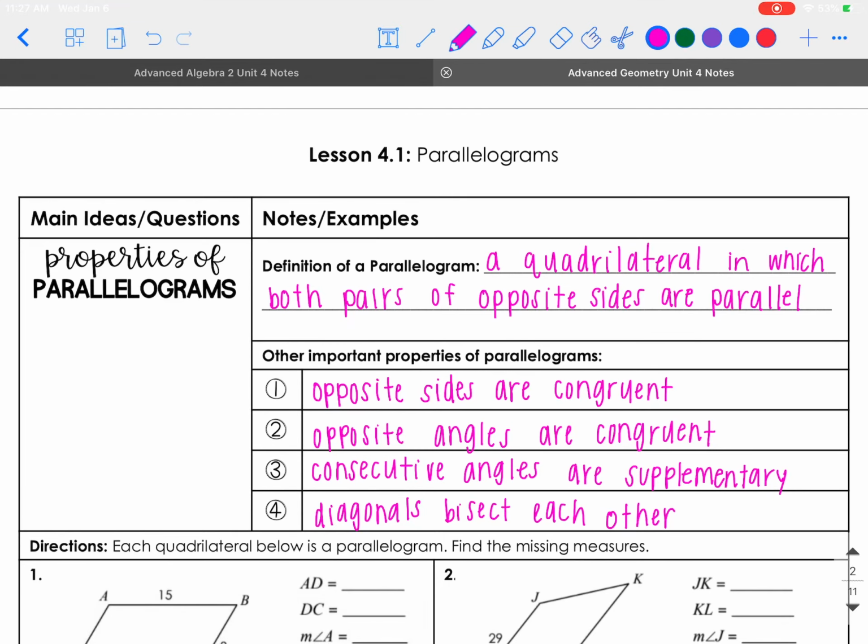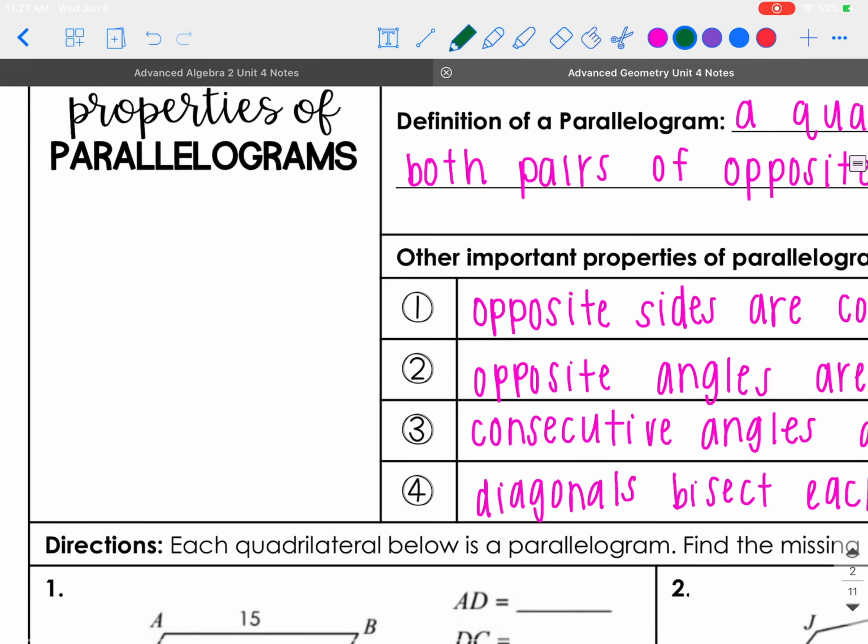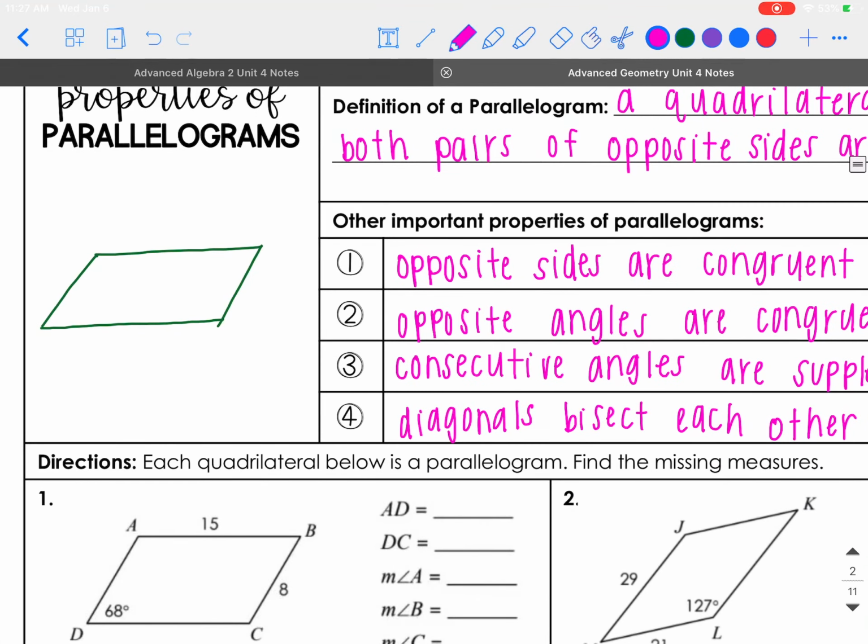So the opposite sides, that's pretty easy. And so if you want, over here on the side, draw in a parallelogram. So the opposite sides, that means like this side and this side are the same length, and these two are the same length.